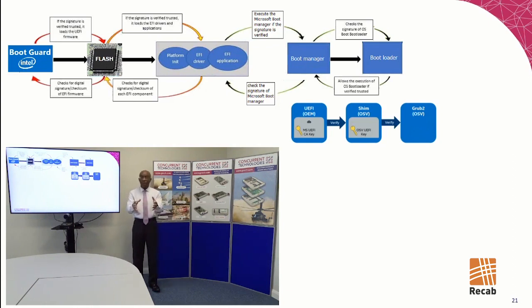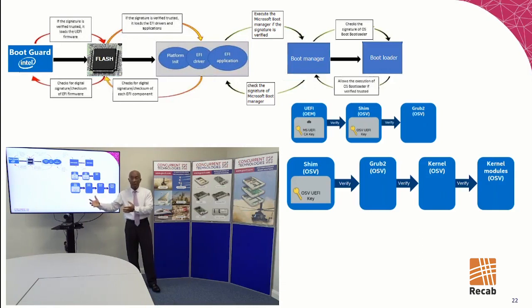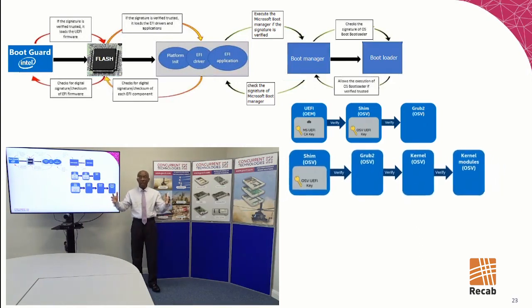In turn, in this first bootloader, Red Hat can start a second stage which has their own certificate UEFI information, so that in turn, once we start, this can start Grub or Grub2, which itself has been signed by Red Hat, and so on, where the next stage bootloader can then load and check the signature of the kernel, and then check the signature of the device drivers, such that you end up with a system that is the one you expect, that has not been tampered with, that is fairly safe.